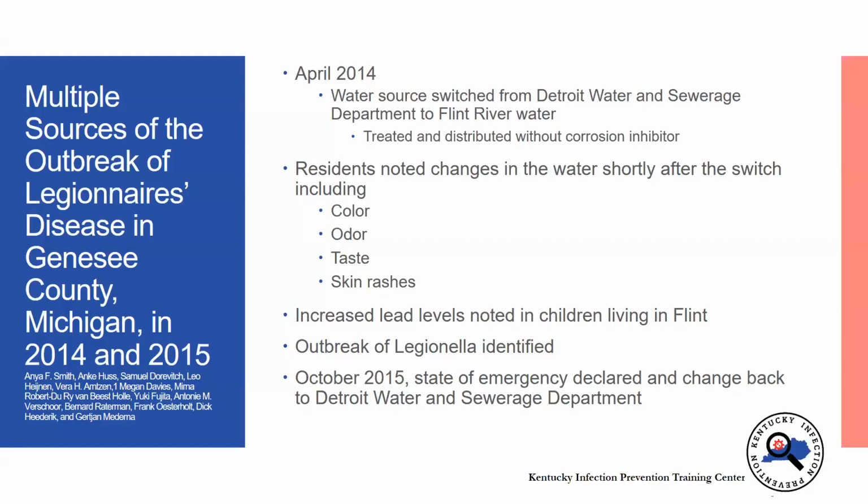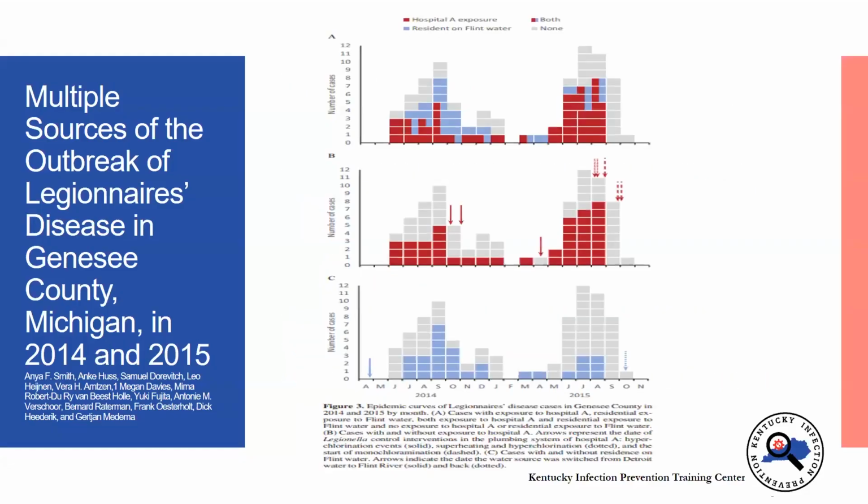Ultimately, increased lead levels were noted in children living in Flint, and outbreaks of Legionella were identified. In October 2015, a little over a year after the transition, a state of emergency was declared in Flint, which again, I think many of us heard about, and a change was made back to the Detroit Water and Sewerage Department. But the real question was, what were the sources of these outbreaks of Legionnaires' disease?